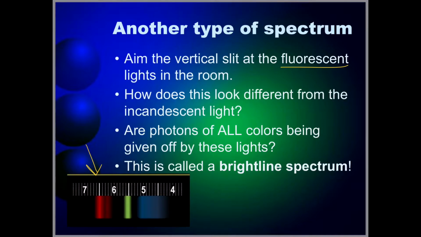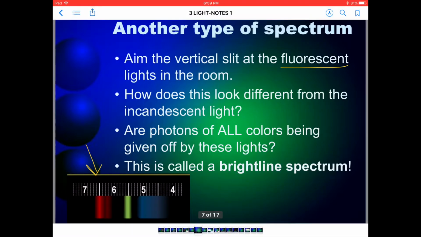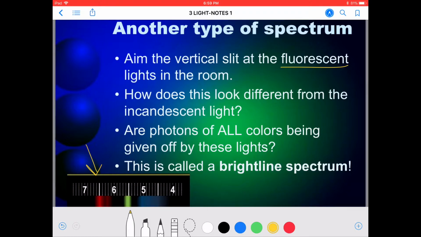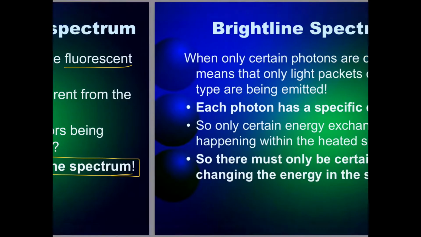You can't see any purple. You don't see orange or yellow, and a little bit of green blue is also missing. This is called the bright line spectrum. It has a second name, but typically it's referred to as the bright line spectrum.